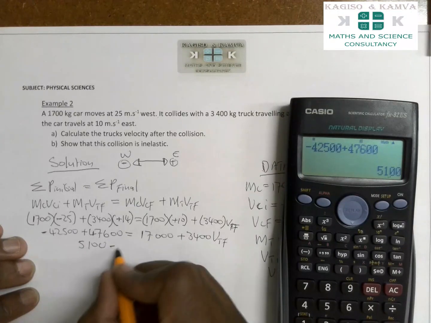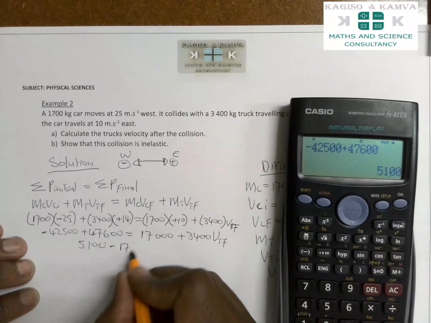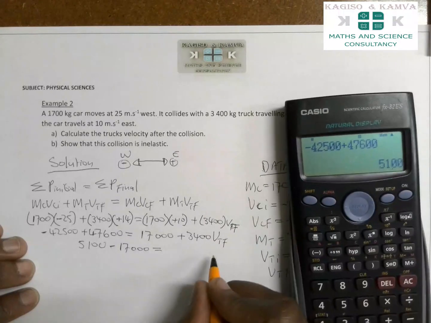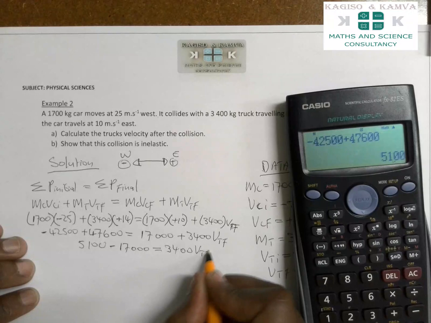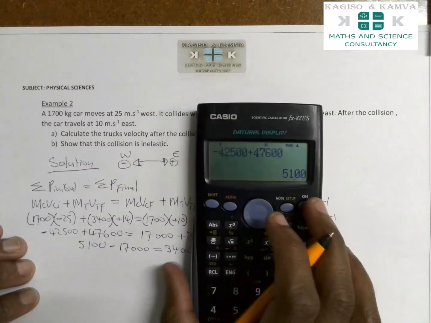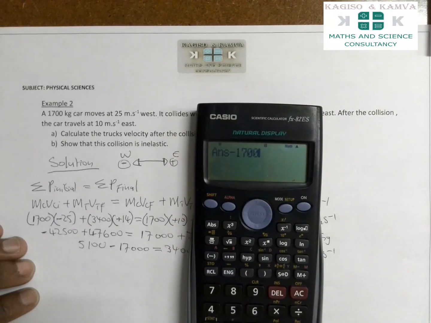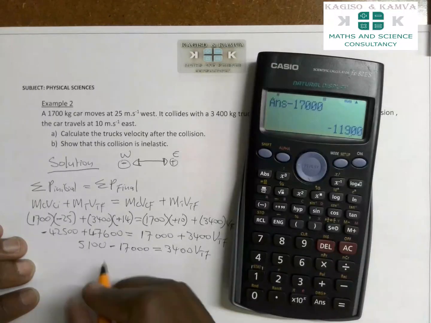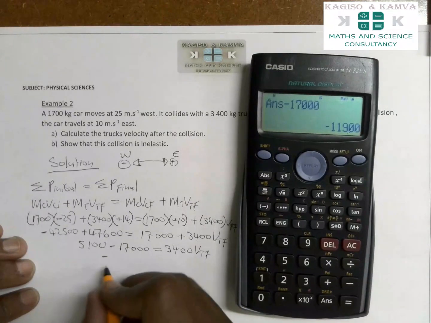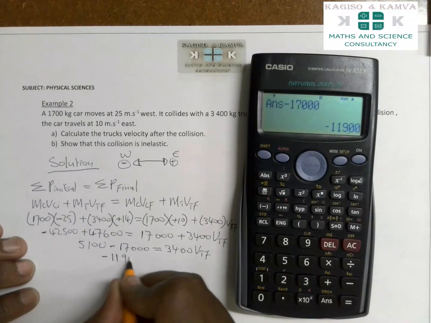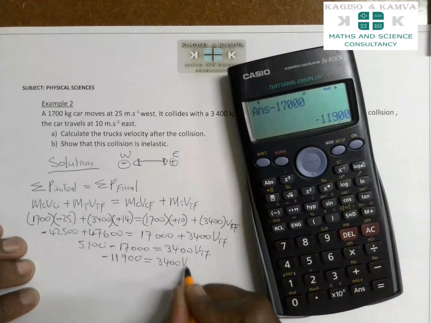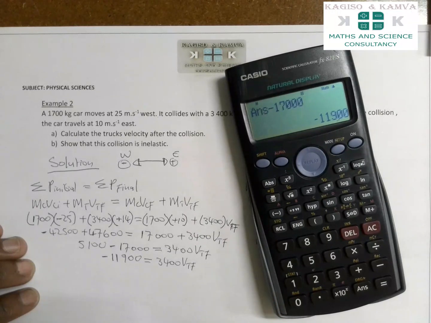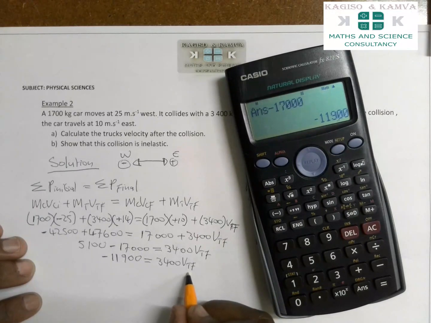That will be negative 17,000 plus 5,100, which gives negative 11,900, is equal to 3,400 times the final velocity of the truck. We are looking for the final velocity of the truck.